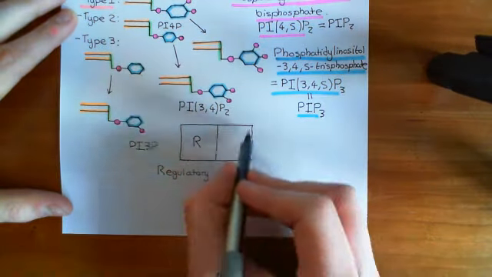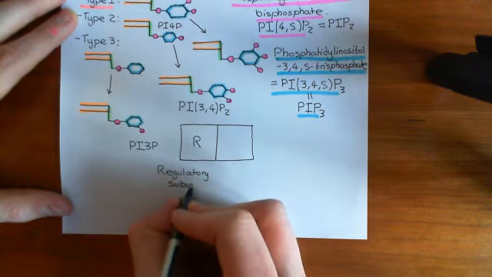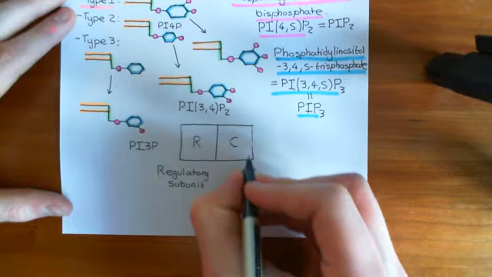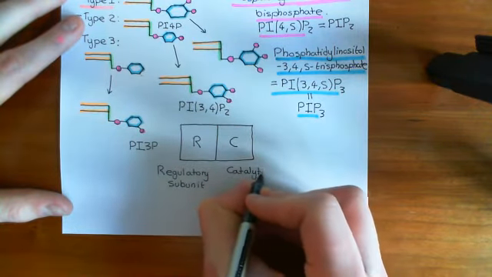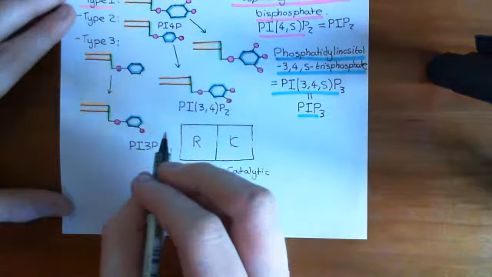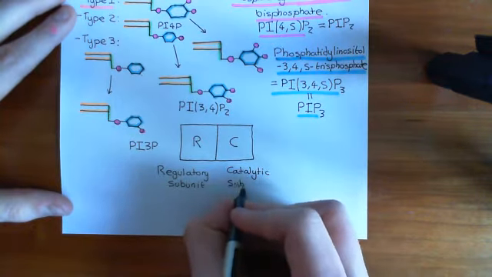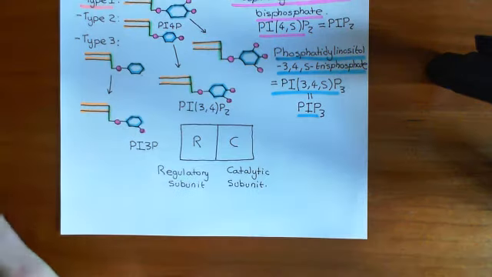That's going to be in the second portion, the catalytic portion. But the regulatory subunit is important in controlling the function of the catalytic subunit, which is here. So all PI3 kinase type 1 enzymes are heterodimers, consisting of a regulatory subunit and a catalytic subunit.